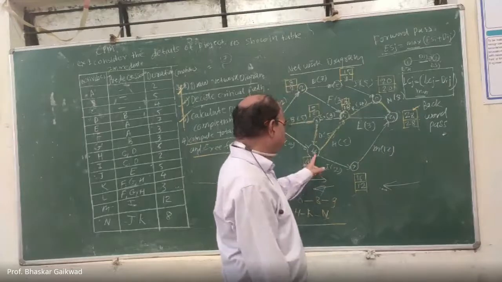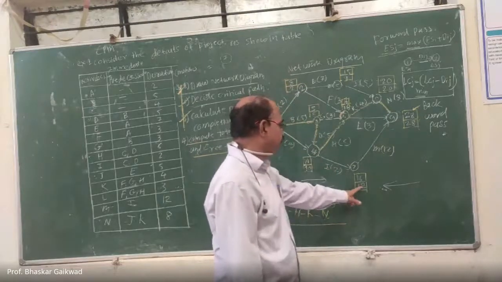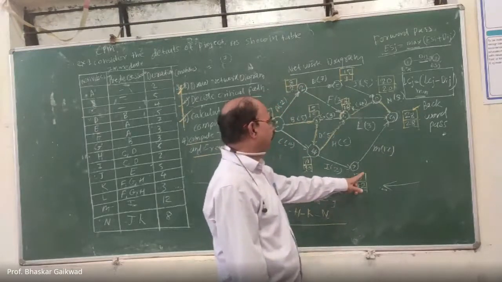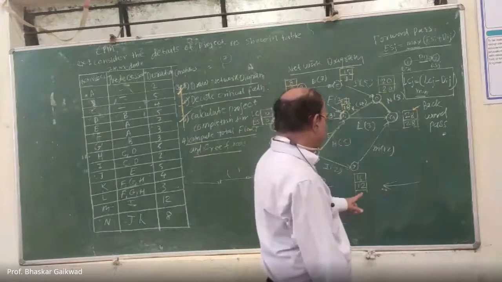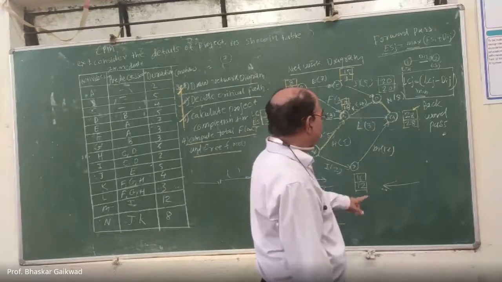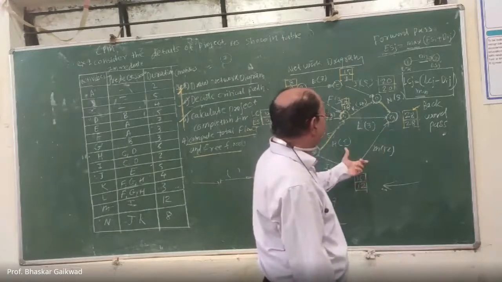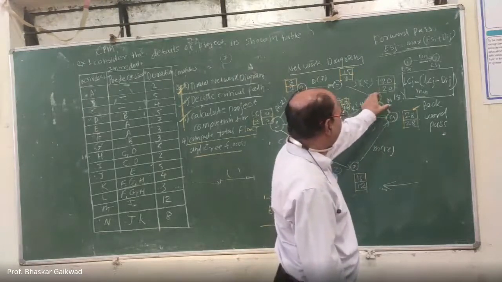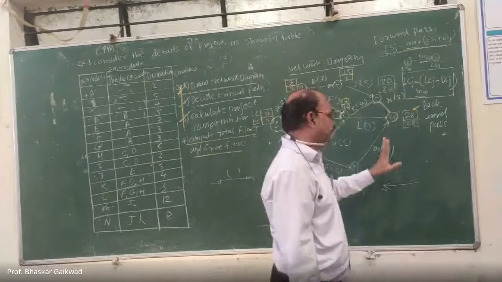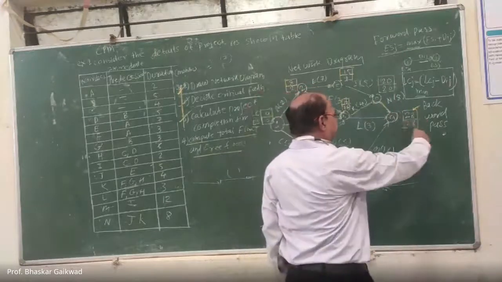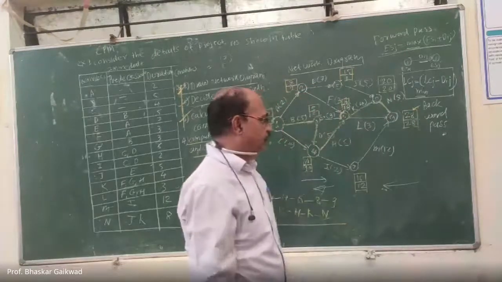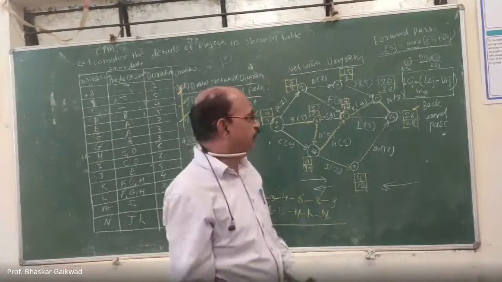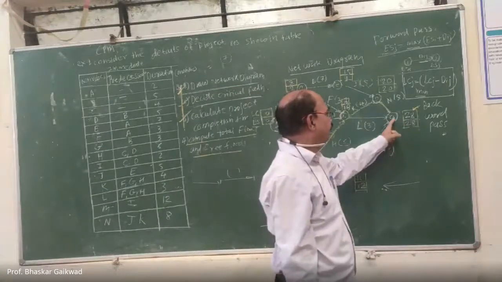Similarly, here 10 plus 2, 12. So after this, 12 plus 12, that is 24. But here 20 plus 8, this we have to take because this is the maximum. This is the total time required for this node.